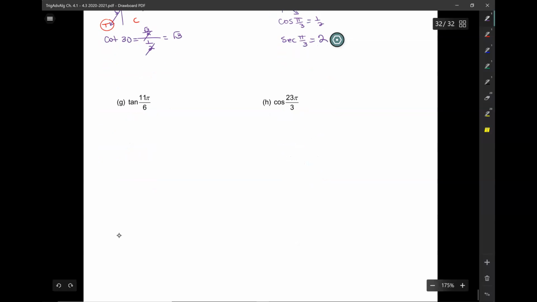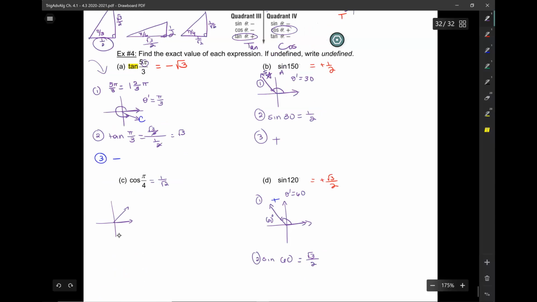Okay, here, 11 pi over 6 is 1 5/6 pi. 1 pi, 5/6 of a pi. The reference angle is pi over 6, so I need to find tangent of pi over 6.